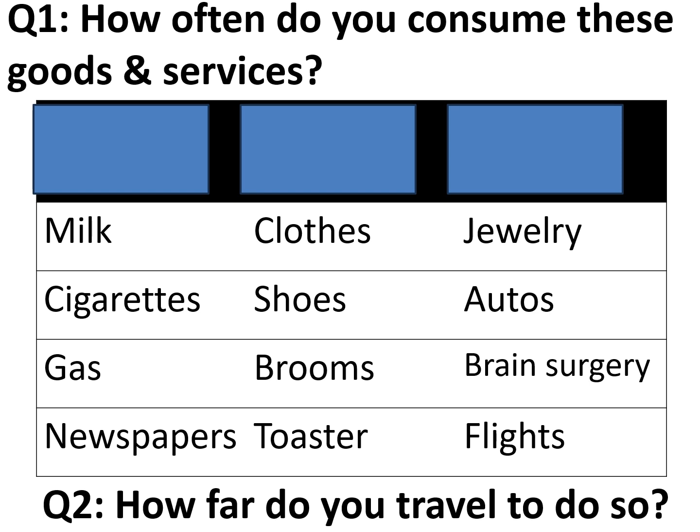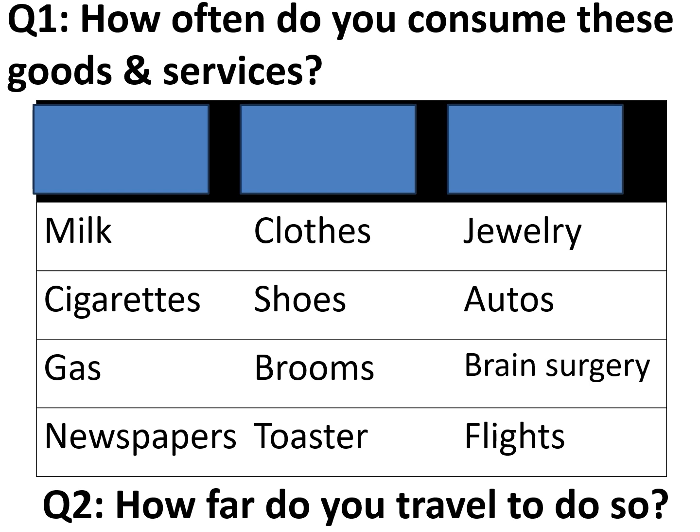This middle list of clothes, shoes, brooms, and toasters are things that typically are more durable and that you will use repeatedly, right? And for those, you might be willing to travel somewhat further than you would for milk or cigarettes or gasoline or newspapers.